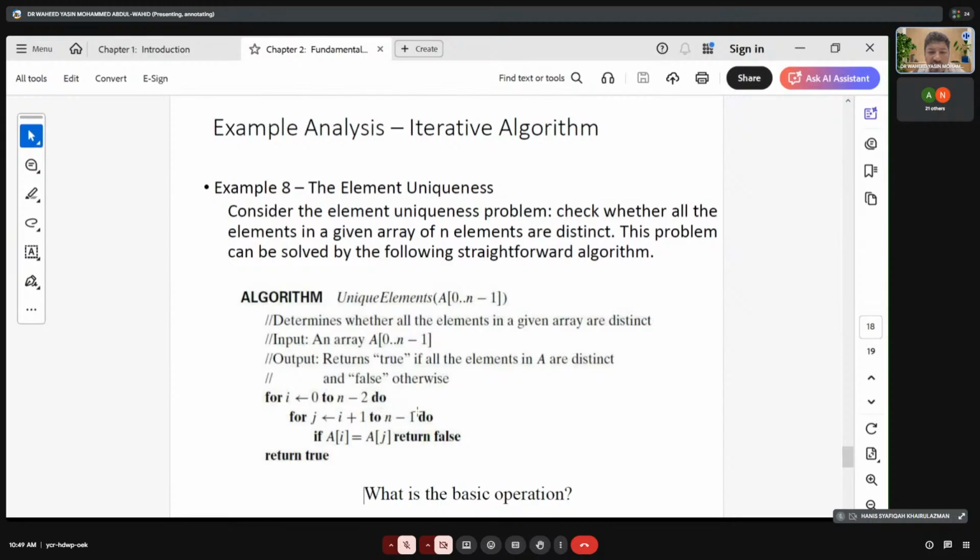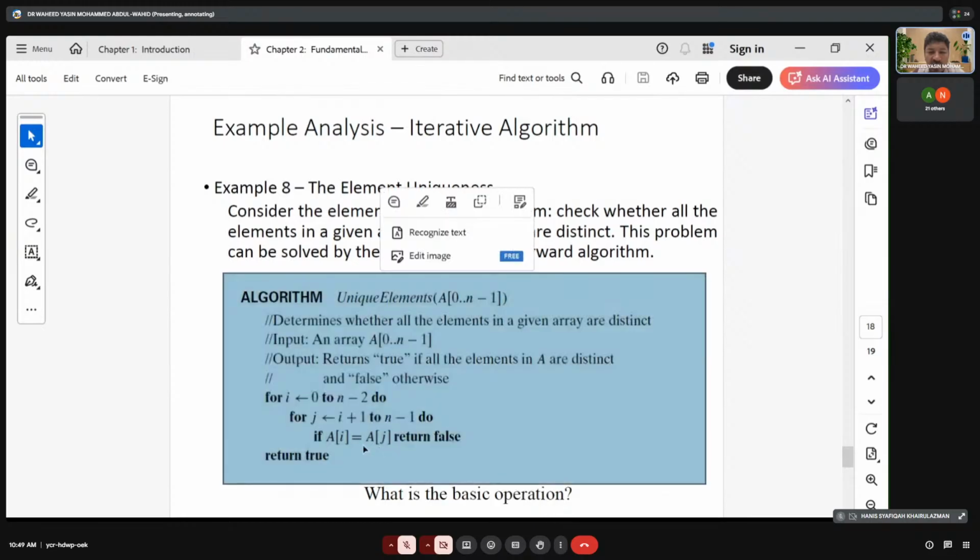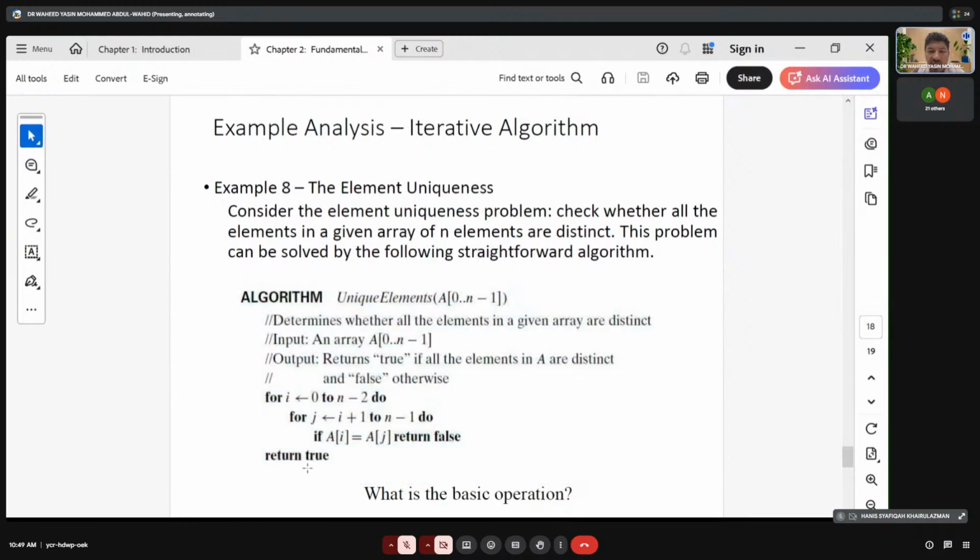If there is any repetition, that is, if they are equal, we return false. Otherwise, we return true, meaning the elements in the array are distinct.